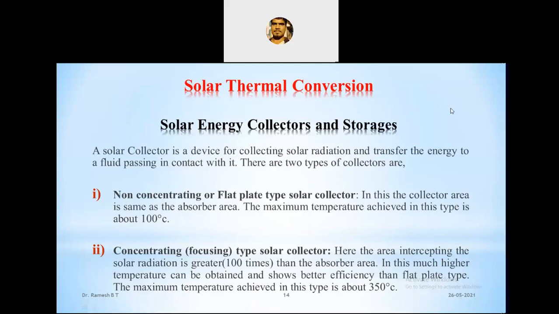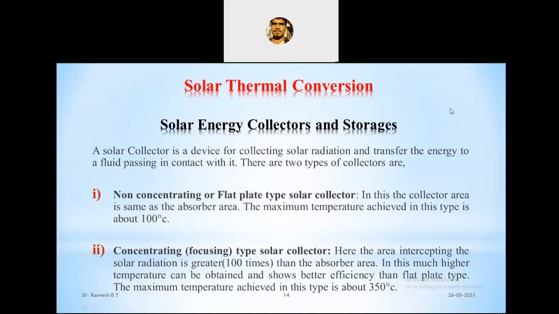In this type, the collector area, when compared to the concentrating type, in the non-concentrating or flat plate collectors, the solar energy collectors, whether non-concentrating or concentrating, are always associated with an absorber.